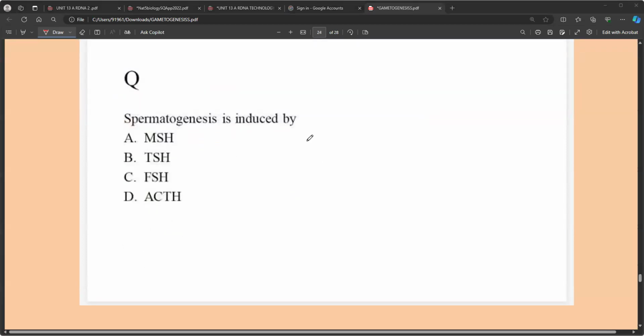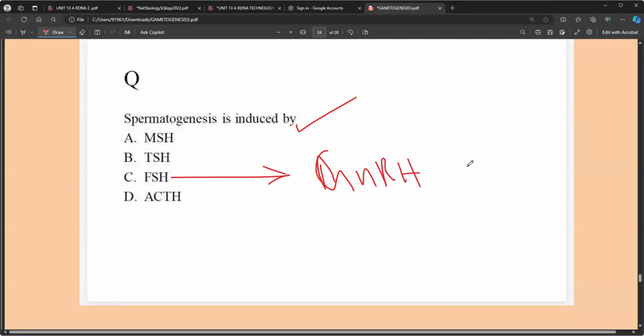Right. Good, good. No problem. Okay. Now, spermatogenesis is induced by which hormone? Of course, spermatogenesis is induced by the follicle stimulating hormone, which is under the control of GnRH, followed by the hypothalamus.